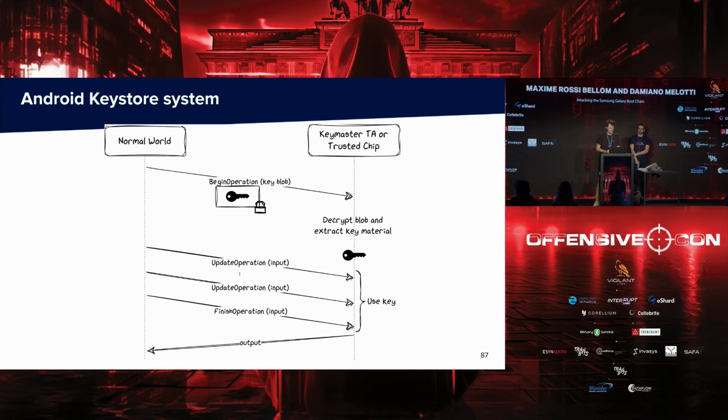So, for example, imagine at some point the normal world wants to use a specific key to sign something or to encrypt, decrypt, whatever. It will send a begin operation message to the component of choice. It can be keymaster TA if we are talking about a TEE level, or the trusted chip for Strongbox. And this component will extract the key, use it, and then send the result back without revealing the key.